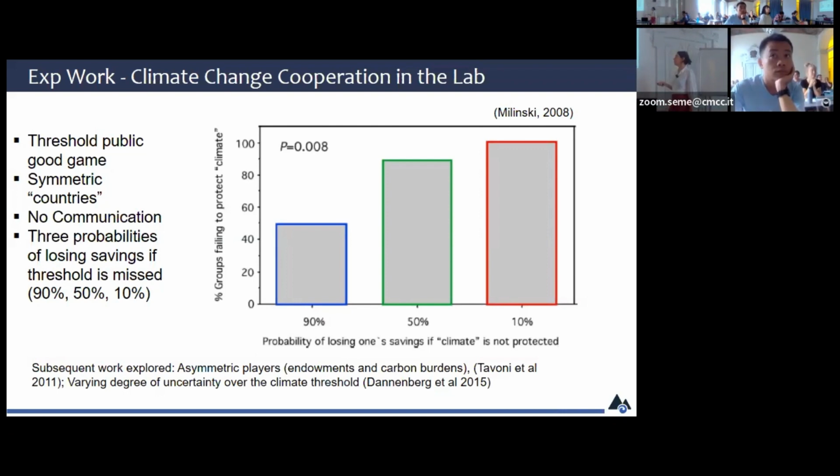Then subsequent work has explored asymmetric players. Here players were asymmetric, so poor and rich, how would they share their burden? What is the concept of fairness? Again, varying degrees of uncertainty over the climate threshold. Here I have a threshold that is given, and then I have some probability of losing, but it could be that the threshold is not known.